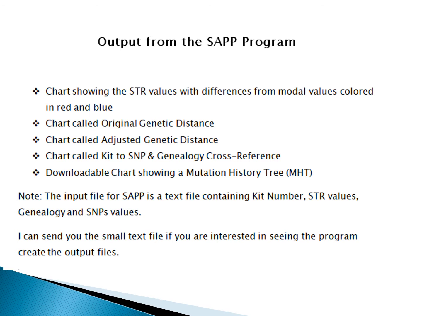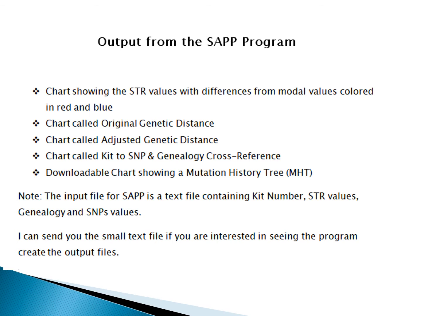And what you get is a chart showing STR values with the modal values colored in red and blue, a chart called original genetic distance, a chart called adjusted genetic distance, a chart called kit and SNP genealogy cross-reference, and a downloadable chart showing a mutation history tree, or MHT.